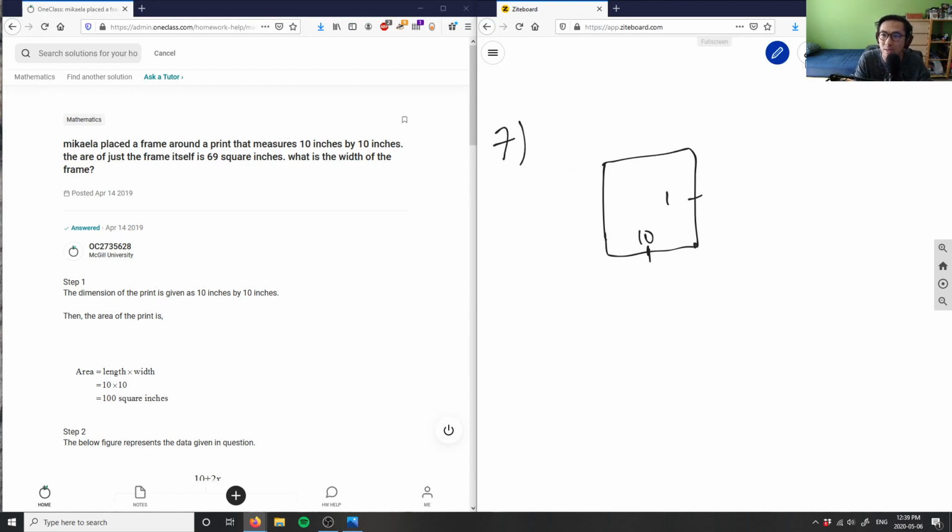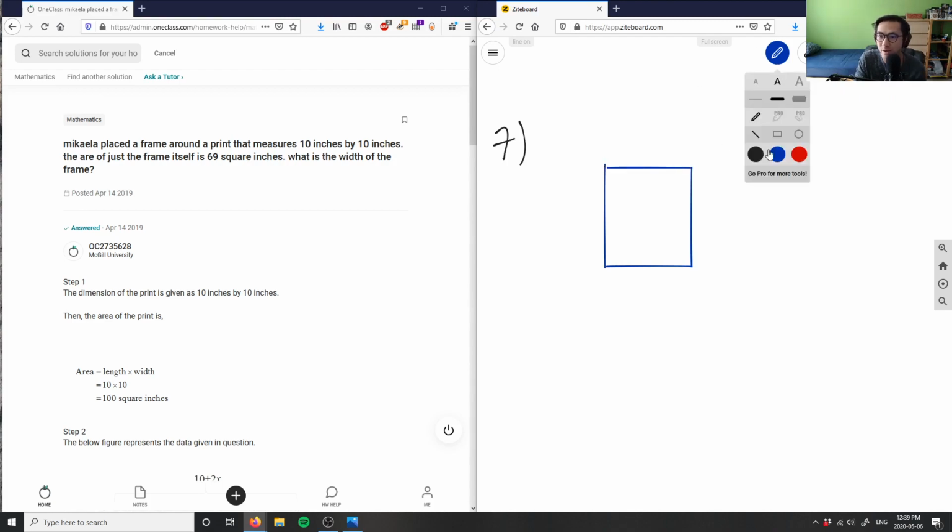I think I should have actually used a line tool. So let me just use a line tool to make it kind of nicer here. No, that's a rectangle. I hope this is a square. Kind of.